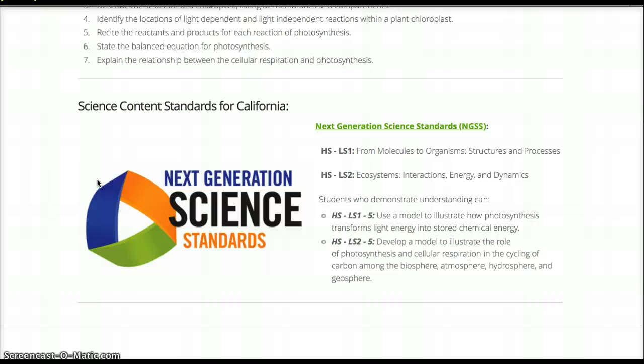Students who demonstrate understanding can use a model to illustrate how photosynthesis transforms light energy into stored chemical energy, and HS-LS2-5, where students who demonstrate understanding can develop a model to illustrate the role of photosynthesis and cellular respiration in the cycling of carbon among the biosphere, atmosphere, hydrosphere, and geosphere. So those are the content standards for my unit plan.